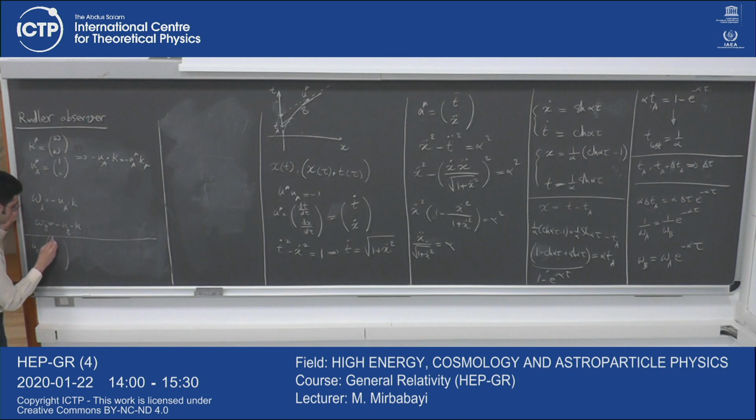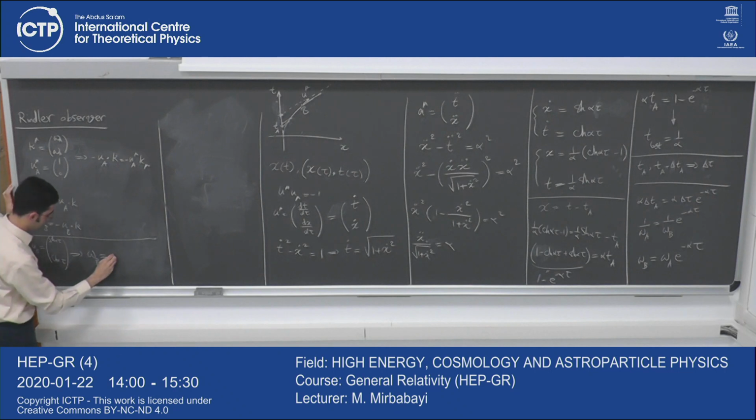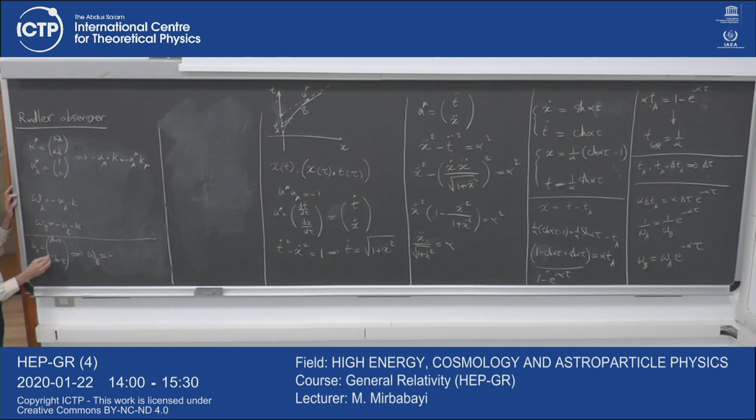So it is sinh(alpha tau) and cosh(alpha tau). Therefore, omega_B is equal to... So we agreed that omega_A is just the first component of this. Let me just call this omega_A here. We are measuring this in the rest frame of Alice. And omega_B is equal to minus the dot product of these two vectors.